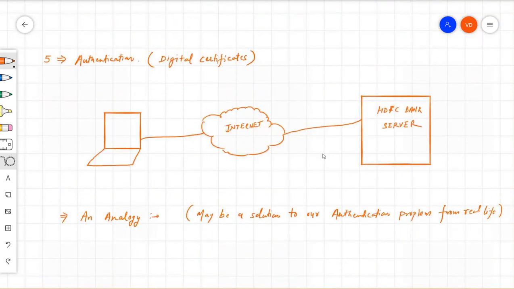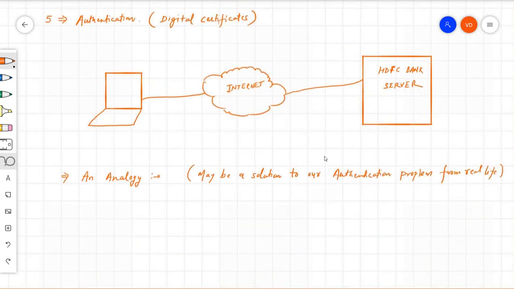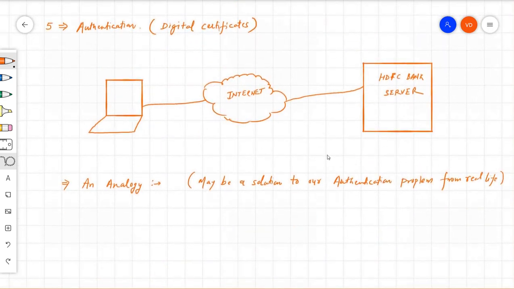Now, let's talk about authentication, right? This is going to be another interesting part. What is the meaning of it? Again, I have my laptop A here, and I have a server here. A bank transaction is going on, right?